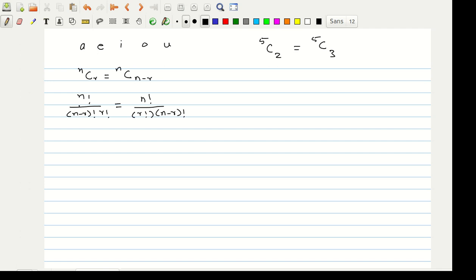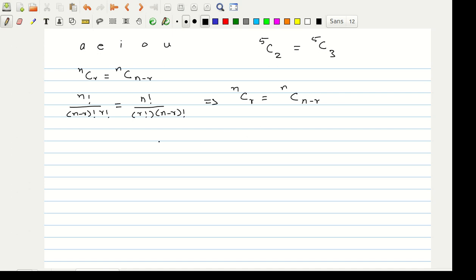So the left hand side and right hand side are the same. So this proves that NCR is always going to be equal to NC n minus r.